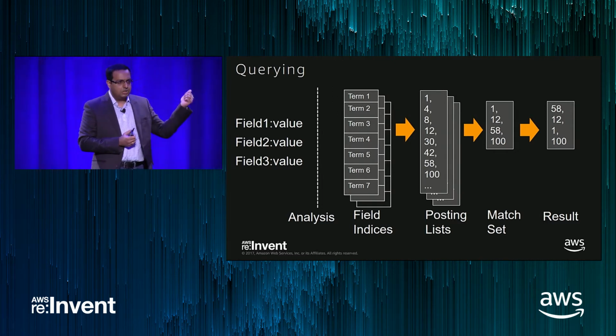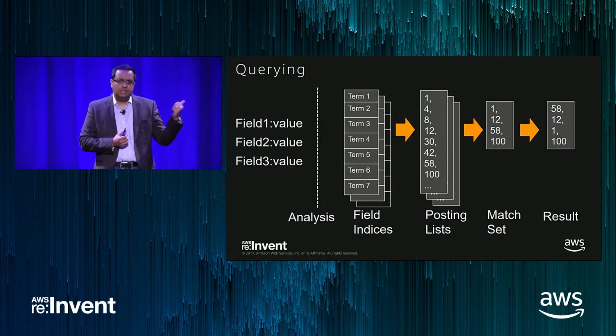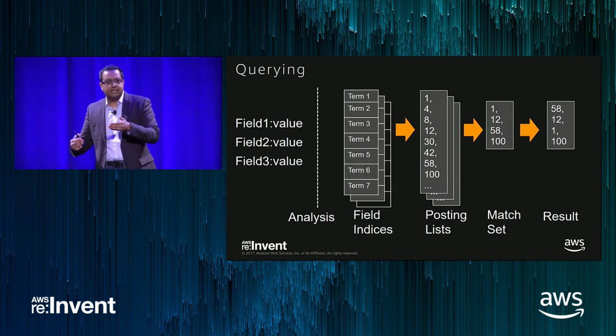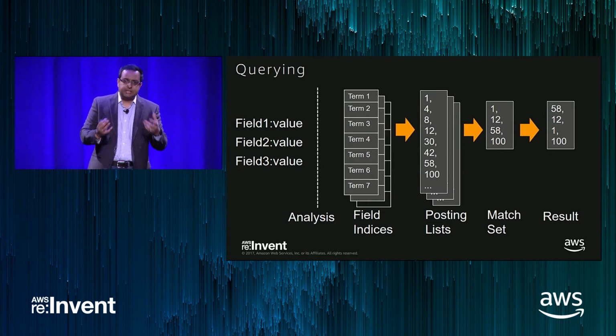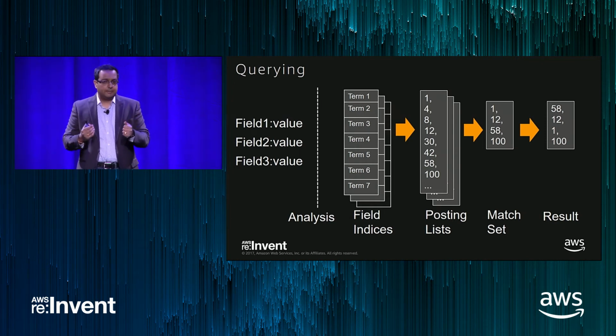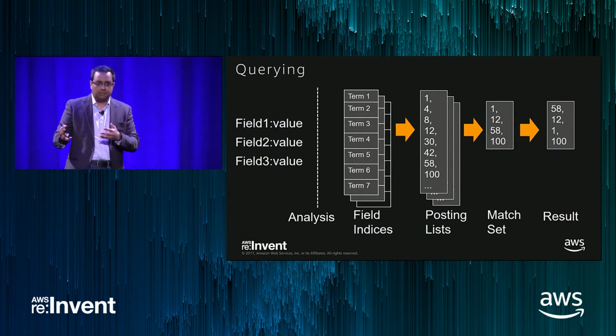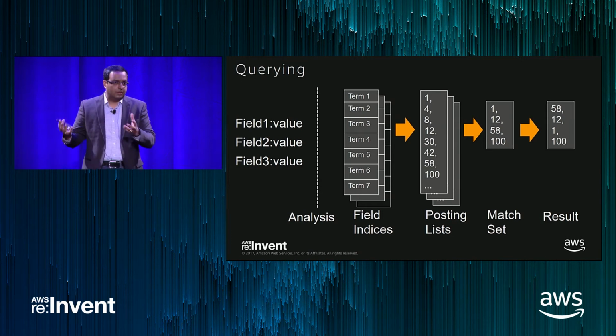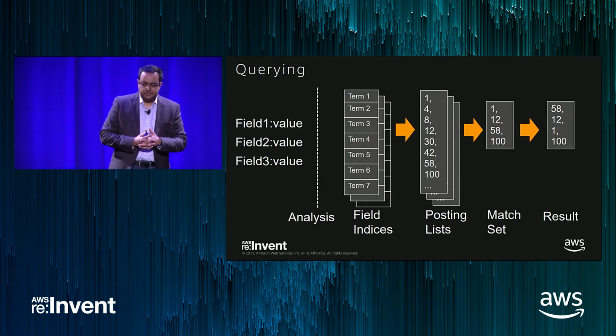For example, you search by the term wealthy, it transforms that also into its normalized form, wealth, and then it looks for all documents that match those terms. If you have multiple terms in your query, it's going to look for all documents that match both terms. Subsequently, it's going to rank these based on a scoring algorithm, and we'll talk about that shortly, and then return back to you the sorted result.